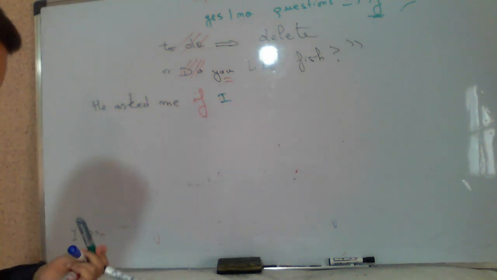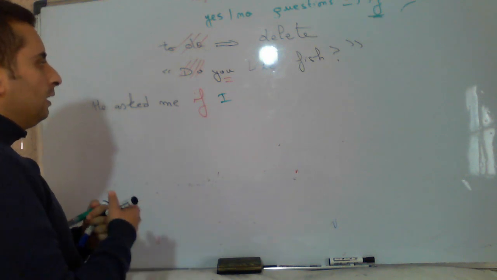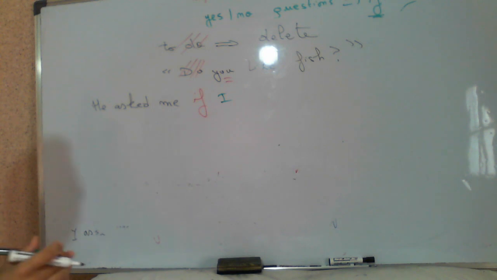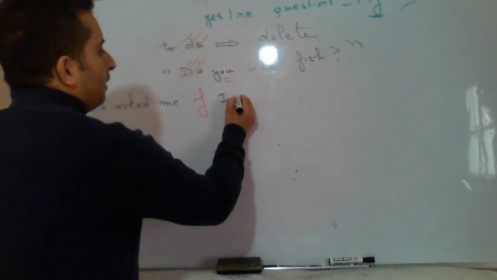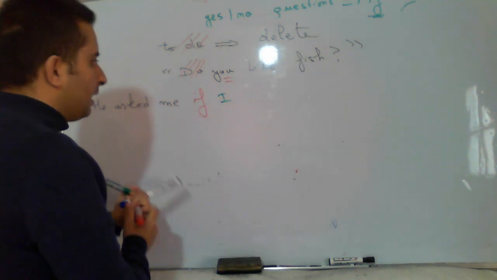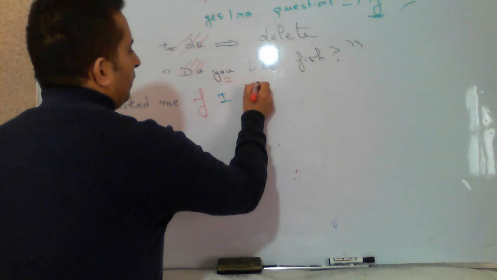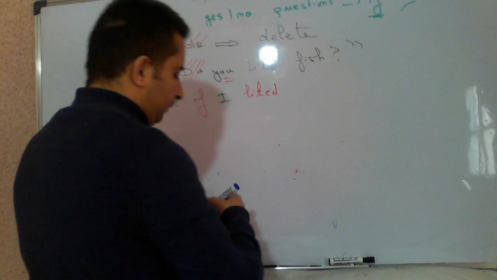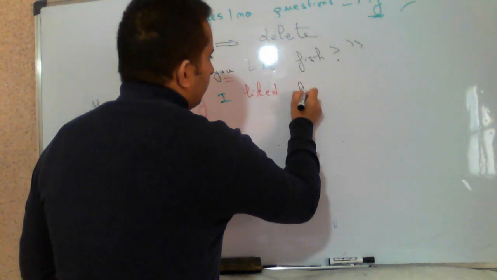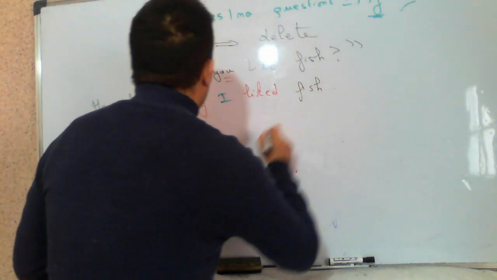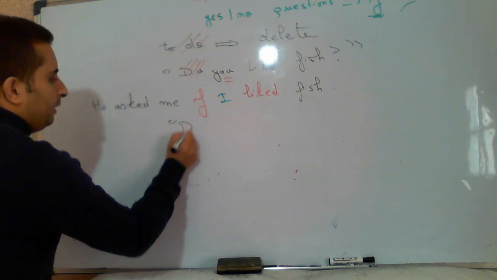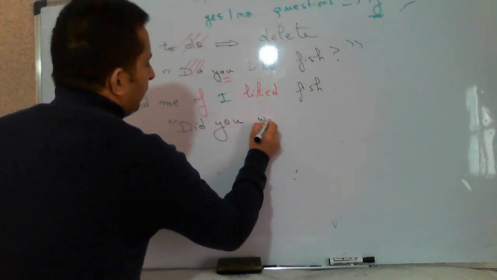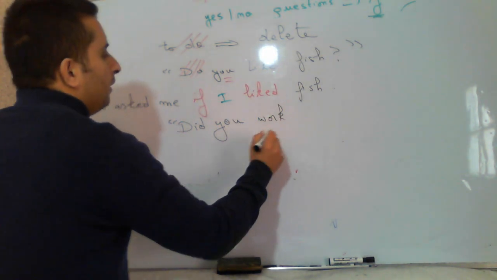Do and does are present. We have just two cases with the verb to do: the present or the past. Simple past of like, what is it? Liked fish. Another example: Did you work yesterday?